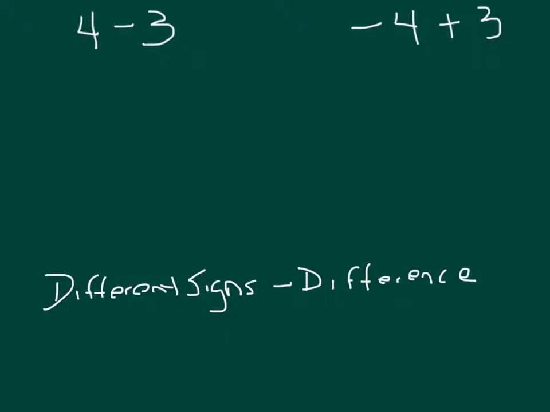And the difference between two numbers is when you subtract. So we're going to subtract 4 and 3, and we get, you know this, 1. And now how do we know the sign of the answer?